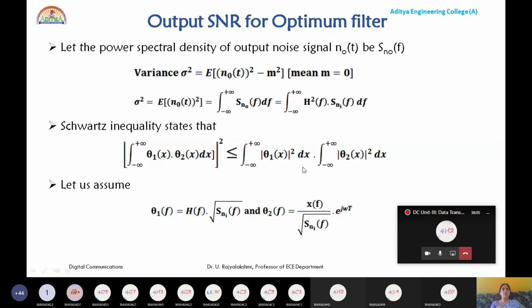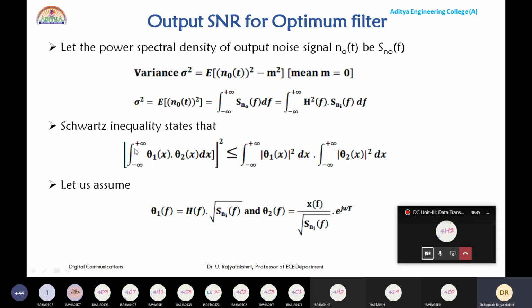Now, Schwarz inequality states that the square of integration of the product of any two functions, okay, here I took the two functions as theta 1 of x and theta 2 of x. Please observe this equation carefully and write down this expression in your notebook.